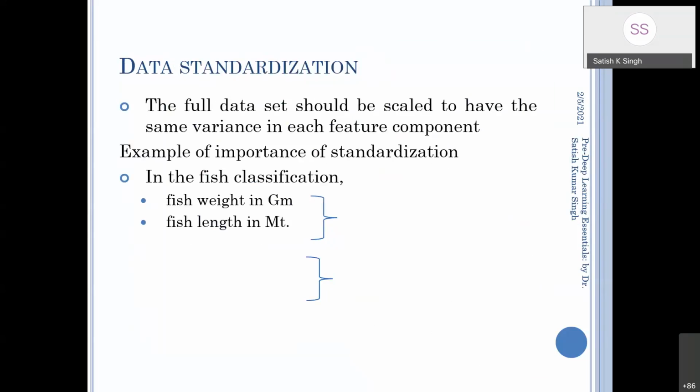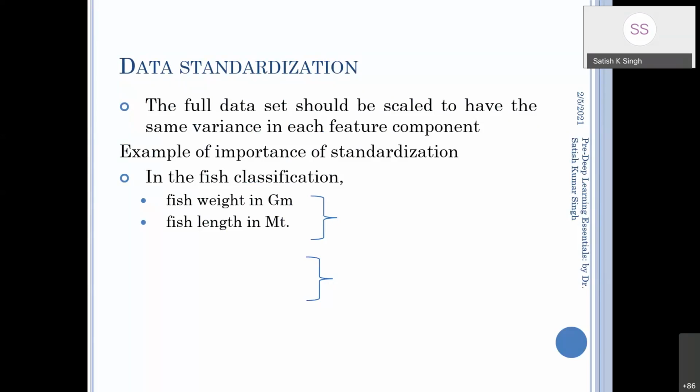There is an example in a fish classification problem, fish weight in grams and fish length in meters. What is the range of weight in grams? It may be 100 grams, 200 or 500 grams. In meters, length may be 0.1 meter or 0.01, that kind of thing.